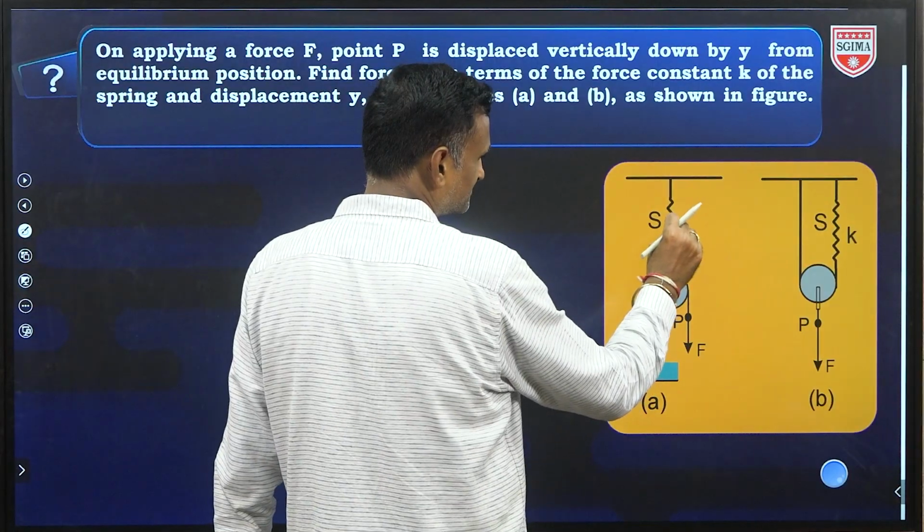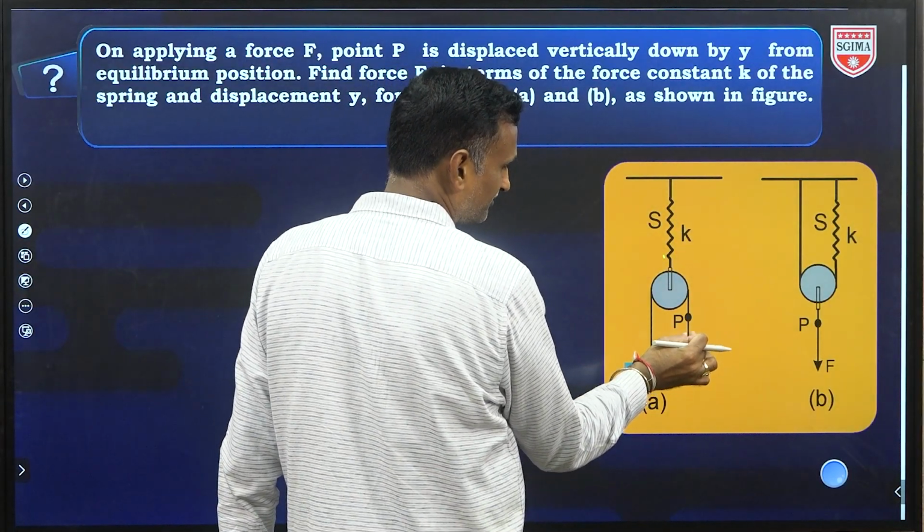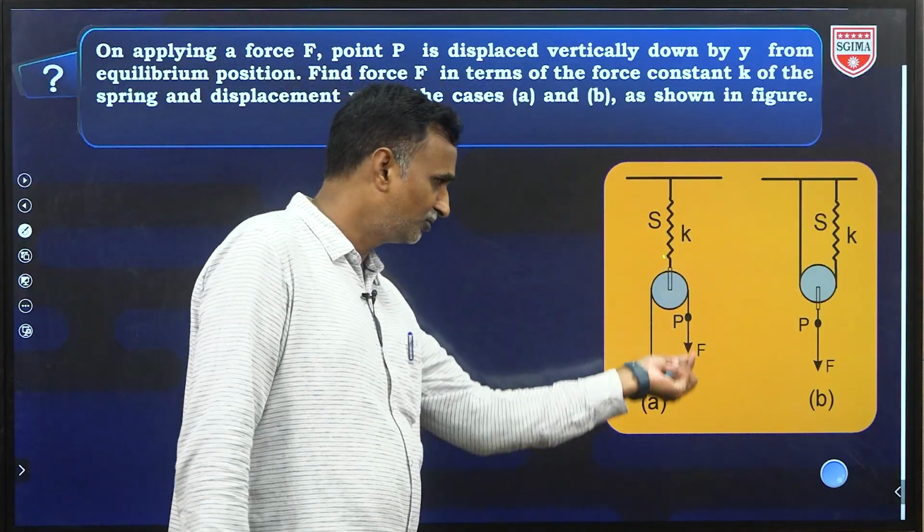Here one spring is there, spring constant is K, and point P is initially in equilibrium and now it is pulled downward.